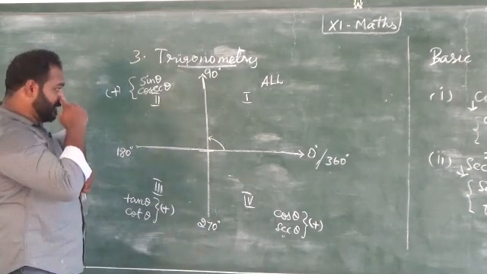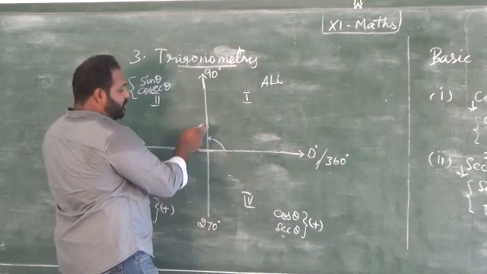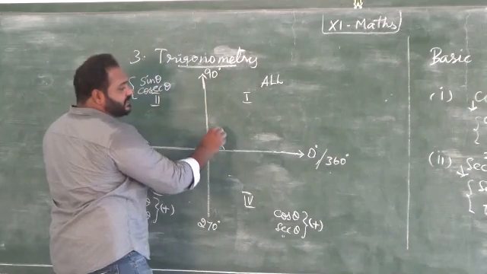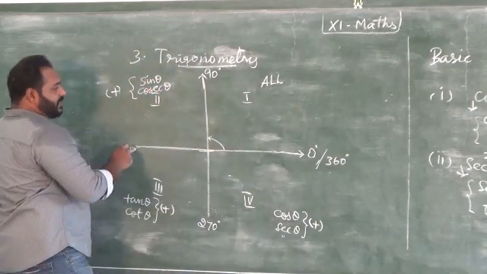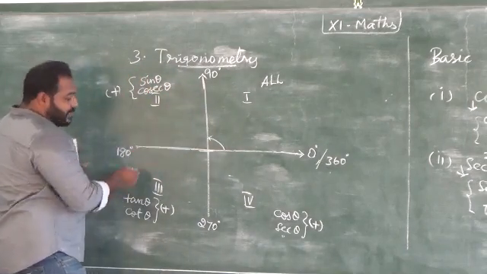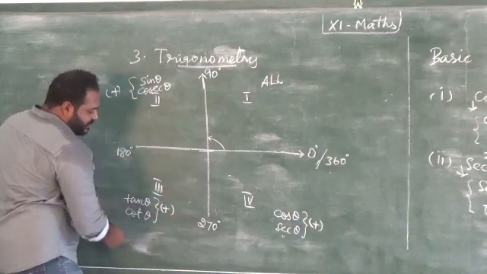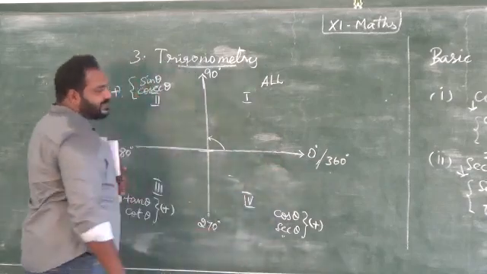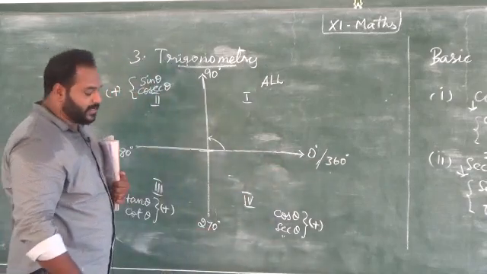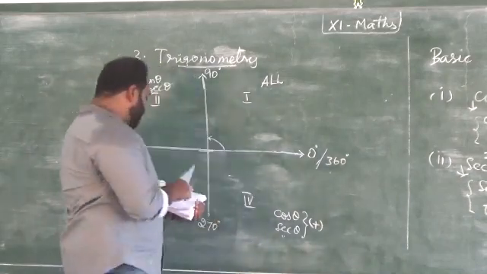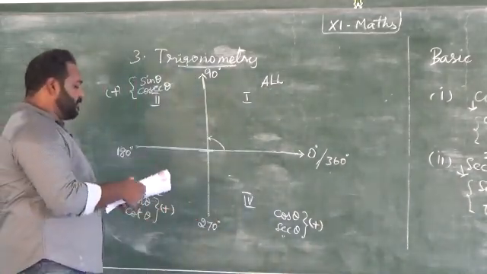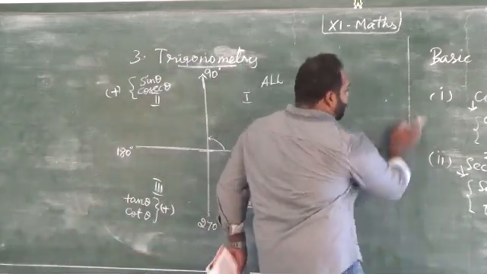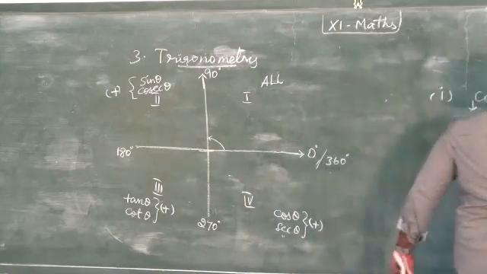I already told you that 0 to 90 degree values occur in the first quadrant, 90 to 180 degree values occur in the second quadrant, 180 to 270 values occur in the third quadrant, and 270 to 360 values occur in the fourth quadrant. Next we can go to exercise 3.1. Whenever we require the basic things, I will tell you now and then.